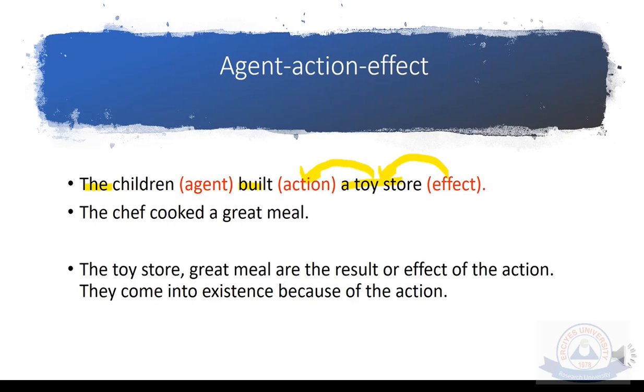So the chef cooked a great meal. The chef is the agent, cook is the action, and the result of cooking is a great meal. So we can say a great meal is the effect of the action. The toy store, a great meal are the result or effect of the action. As I said, they come into existence because of the action, the result of the action, actually.